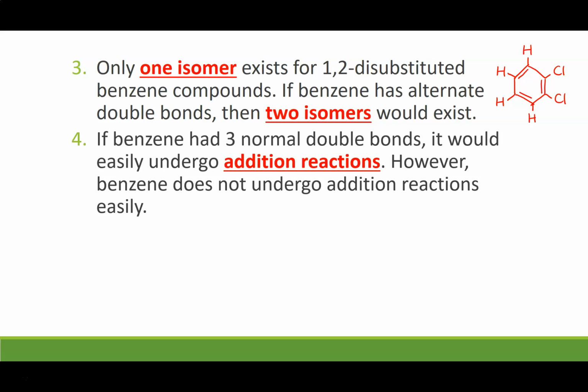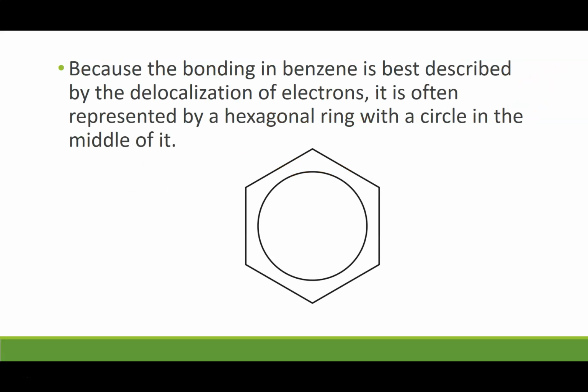However, benzene does not undergo addition reactions easily, and that tells us that benzene actually does not have 3 double bonds. So because the bonding in benzene is best described by the delocalization of electrons, it is often represented by drawing a hexagonal ring with a circle in the middle of it, instead of drawing the Kekule structure.